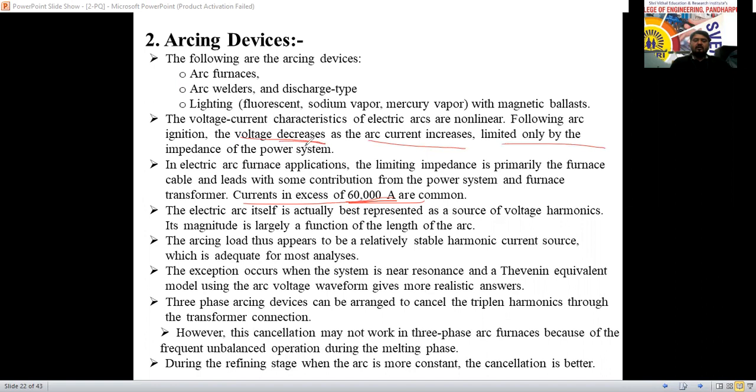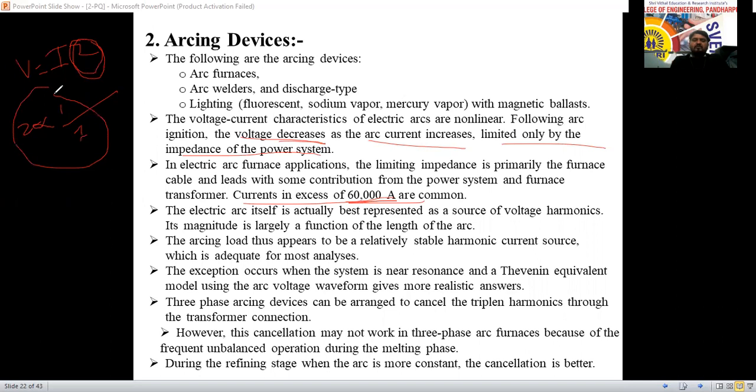The current is limited only by the impedance of the power system. So I will consider V equal to IZ, because this impedance is mainly what we are going to consider. So Z is inversely proportional to I. Yes or no? Current is inversely proportional to the impedance. What will happen by using the arc system?